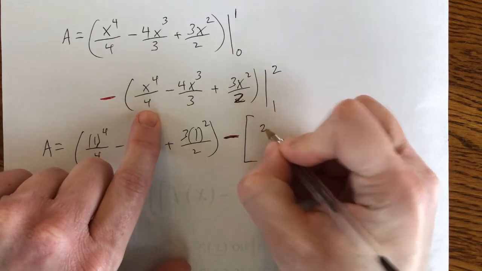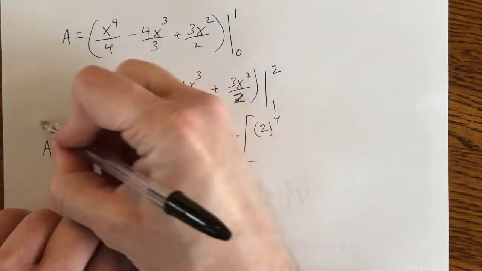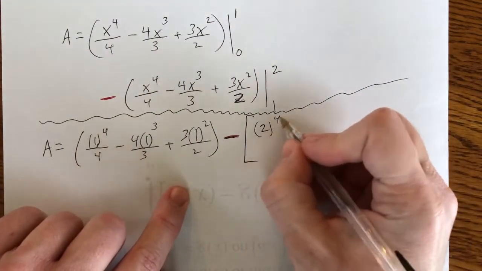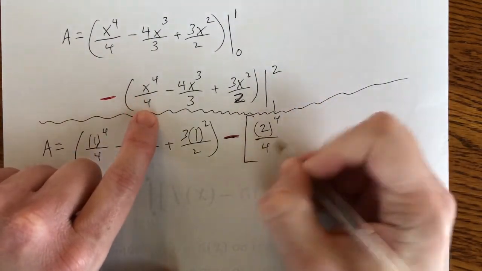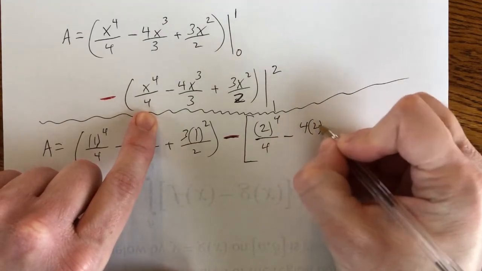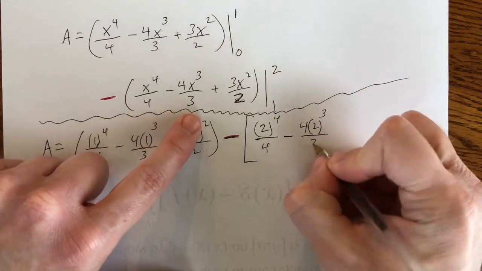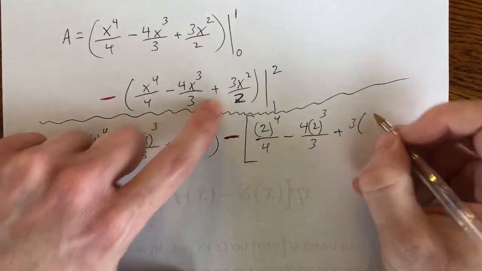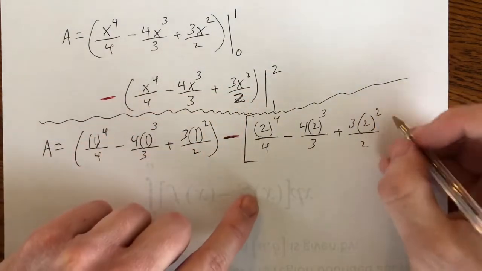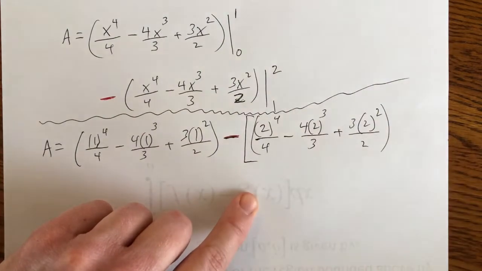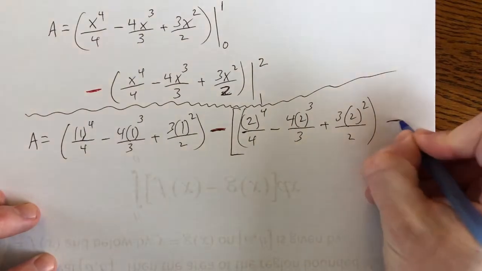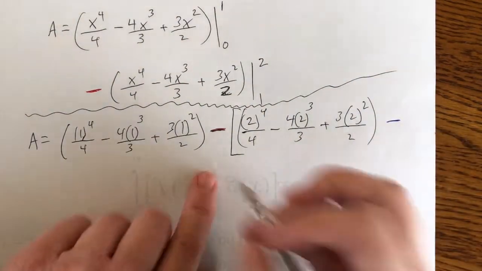Minus what? It's going to be 2 to the 4th all over 4 minus 4 times 2 cubed all over 3 plus 3 times 2 squared over 2. And that's going to be the first part. Then we have to subtract off whatever we got here.